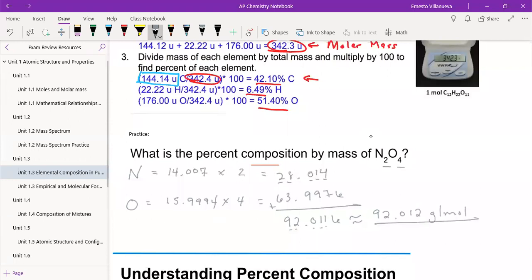Now, if I wanted to get the percent composition of each one, then nitrogen is equal to the total mass of the nitrogen in the compound, 28.014. Remember, this is the total mass of it in the compound, not the atomic mass.